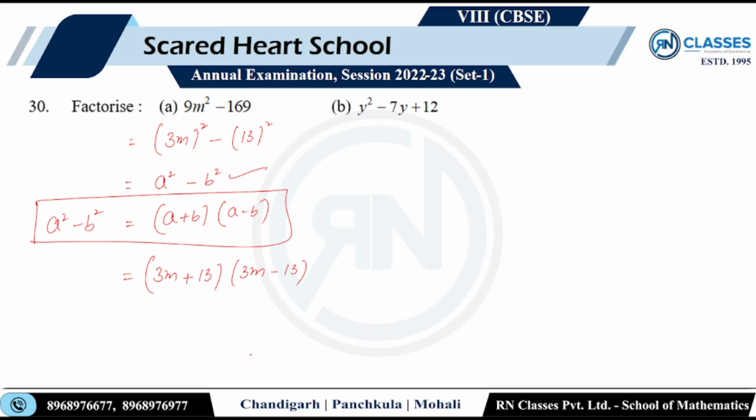Yeah, that's straightforward. Next, y square minus 7y plus 12. Everybody knows I have to use splitting the middle term. So two numbers which when added becomes minus 7 and which when multiplied should get 12. So 6 2s are 12, कभी 7 बनेगा? Absolutely not. 4 3s are 12.